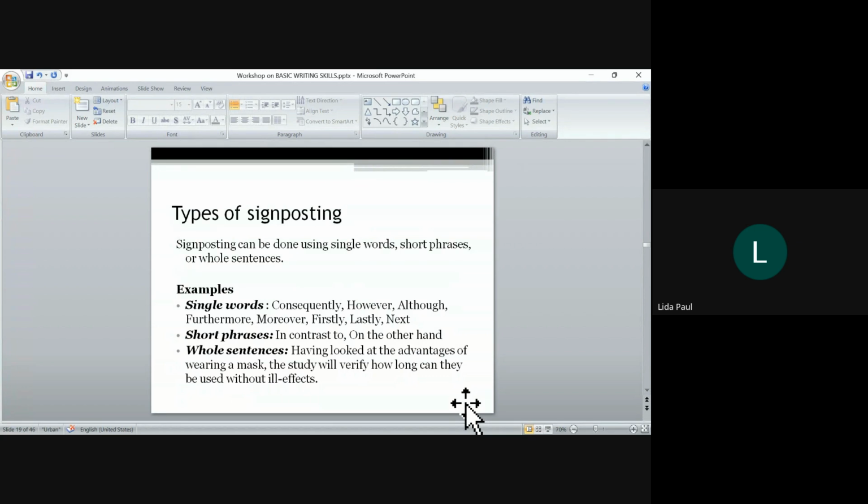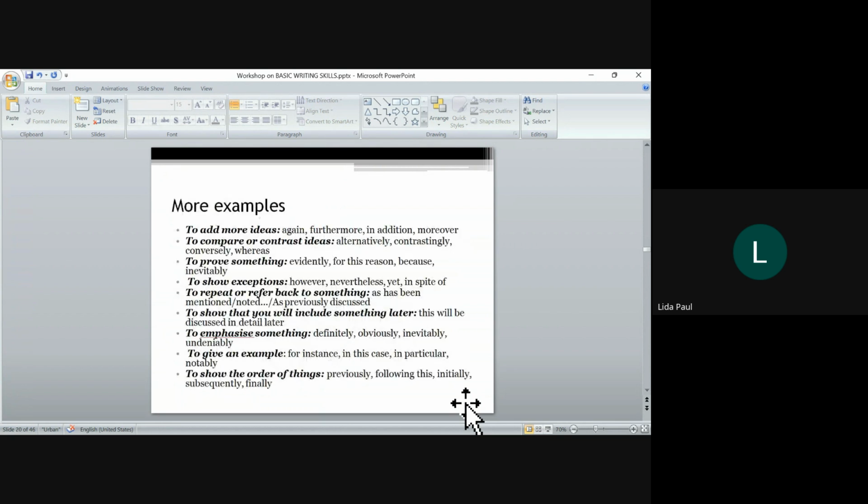You use them to signpost so that the reader can move from the given sentence to the next sentence in a logical fashion. That is what it means. On your screen are more examples of how you can use them in sentences and paragraphs. So you have examples for when you want to add more ideas, when you want to compare and contrast ideas.